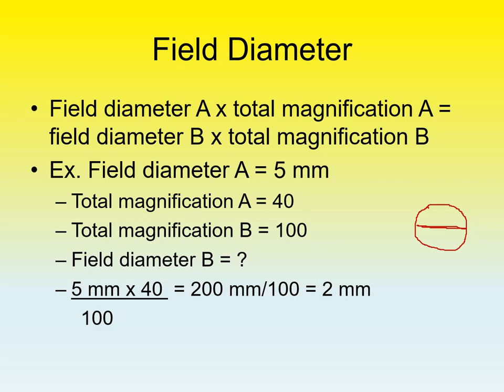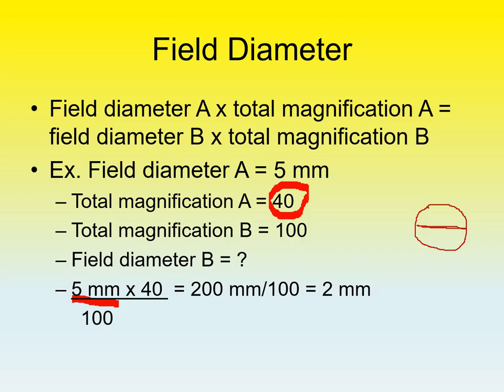And if you want to figure out what is the field diameter at a different objective lens, in this case for B, which the total magnification is 100, I'm showing you the formula that you would use here. You take that field diameter right here, which you measured, and multiply it by the total magnification, which we have right here.